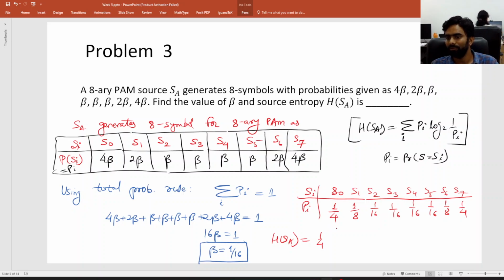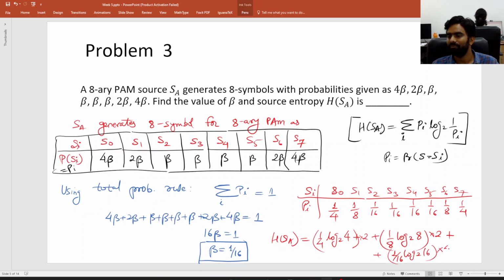So it will be 1 by 4 log 2 of 1 upon 1 by 4, that is 4, plus, how many times? 1 by 4 is coming 2 times, so we will multiply this by 2, plus 1 by 8 log 2 of 8, how many times? Again 2 times, plus 1 by 16 log 2 of 16, how many times? It would be 4 times.